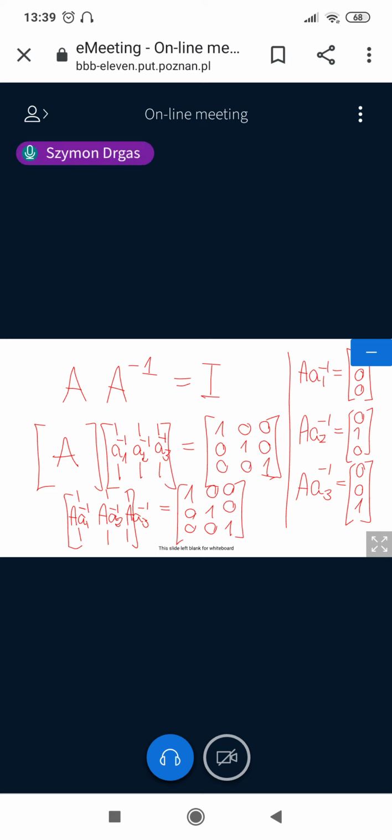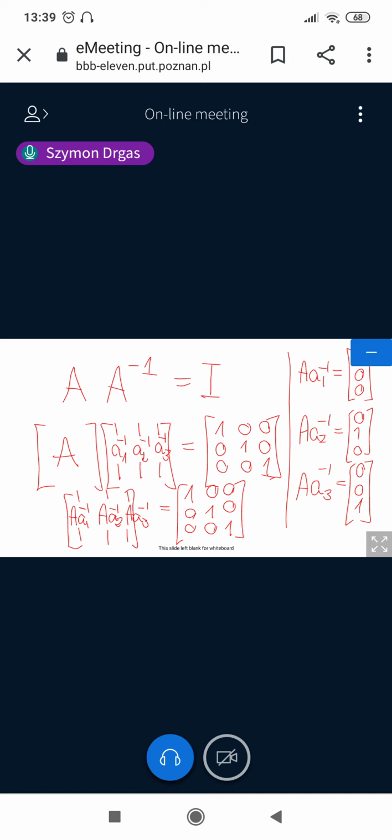So if we want to find the inverse matrix of A, we know A and we know these columns of the identity matrix. So the unknowns are only these three columns, these three vectors, A1 inverse, A2 inverse, and A3 inverse.